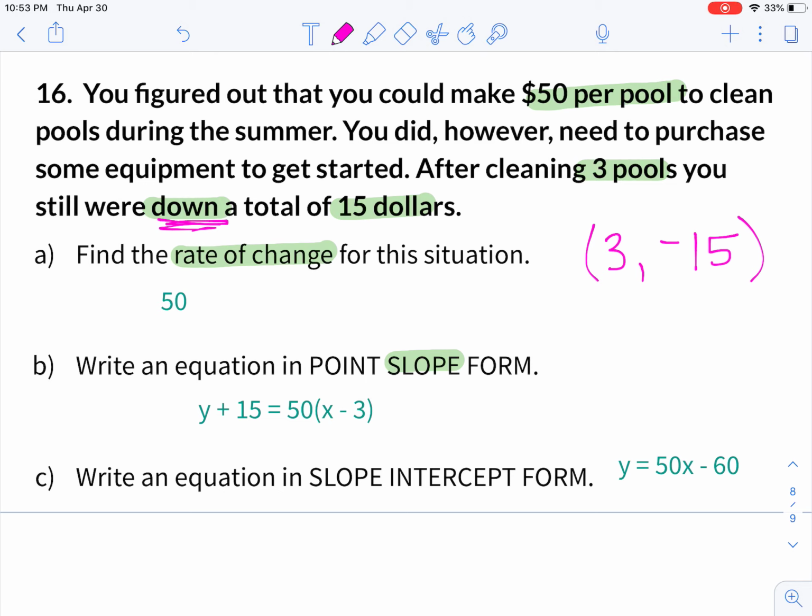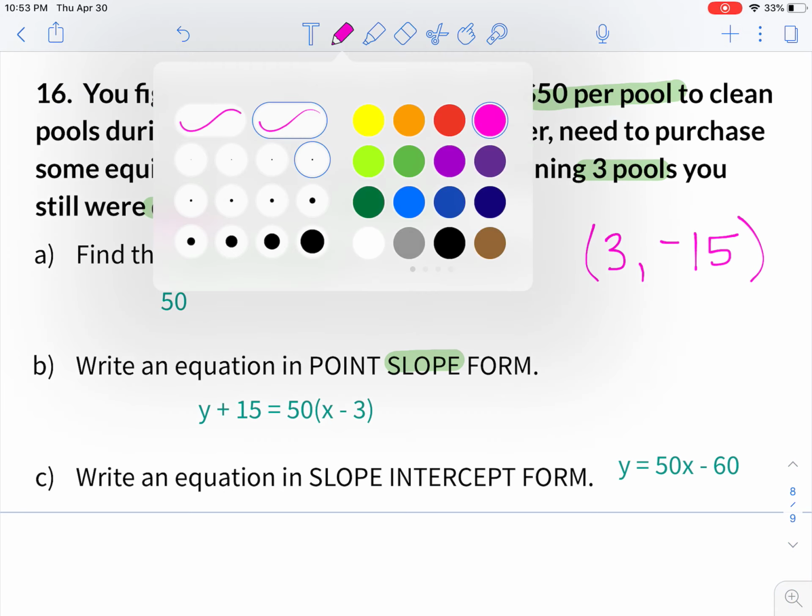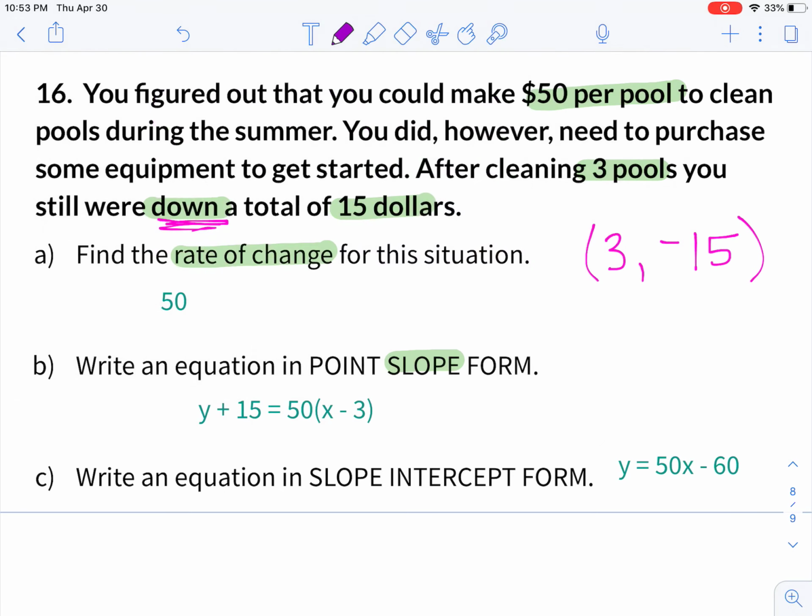Now, at this point, it's easier for me to start putting numbers into the point-slope formula. So I put 50 in for the slope, I'm going to put 3 in for the x value, and I'm going to put -15 in for the y value.